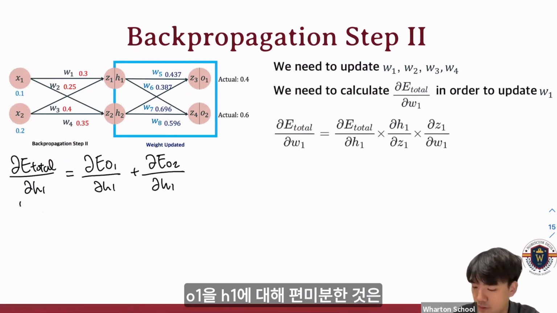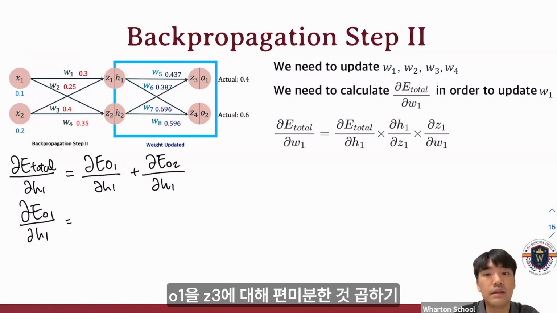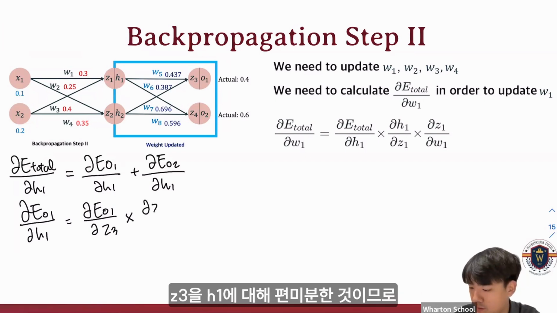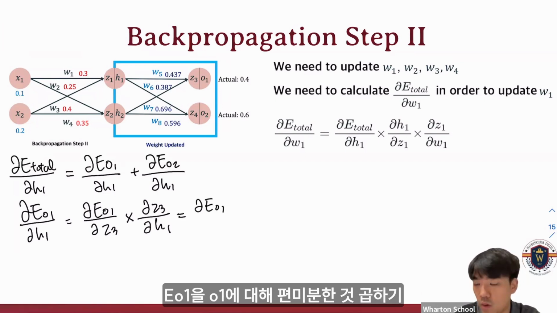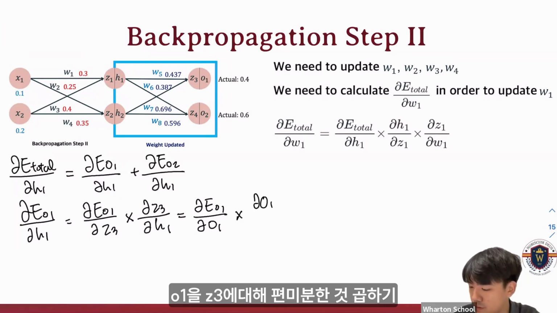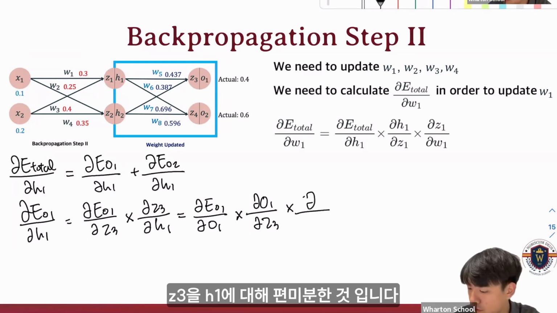So the partial derivative of EO1 with respect to H1 equals the partial derivative of EO1 with respect to Z3 multiplied by the partial derivative of Z3 with respect to H1, which is equal to the partial derivative of EO1 with respect to O1 multiplied by the partial derivative of O1 with respect to Z3 multiplied by the partial derivative of Z3 with respect to H1.